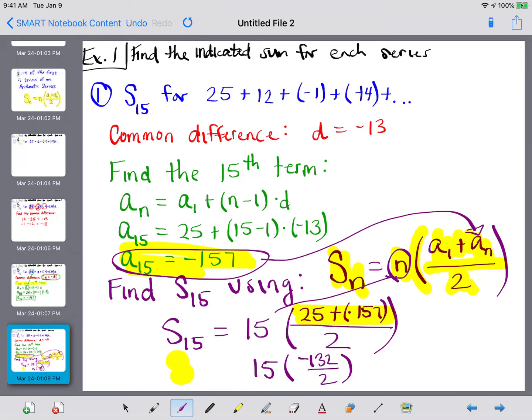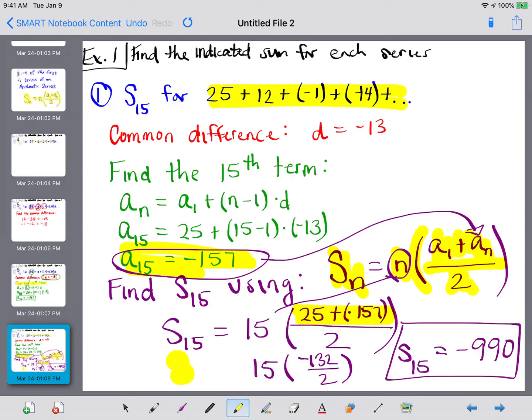So negative 132 divided by 2 gives me negative 66 times 15, and our S sub 15 is going to equal negative 990. That is the answer we are looking for when we are trying to add the first 15 terms of this sequence.